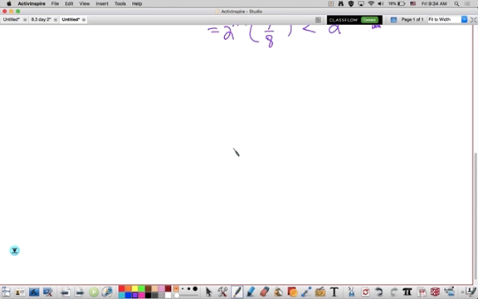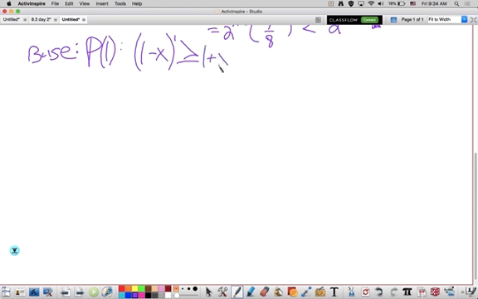Do you want to do it up here? I'd rather do it here. The base case is P of 1 equals 1 plus x to the 1, because we're just filling in for the n, is greater than or equal to 1 plus x times 1.